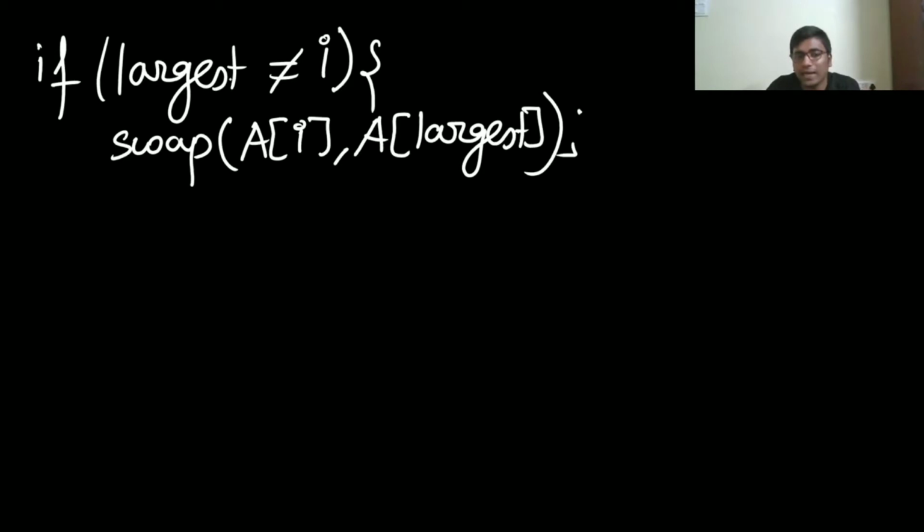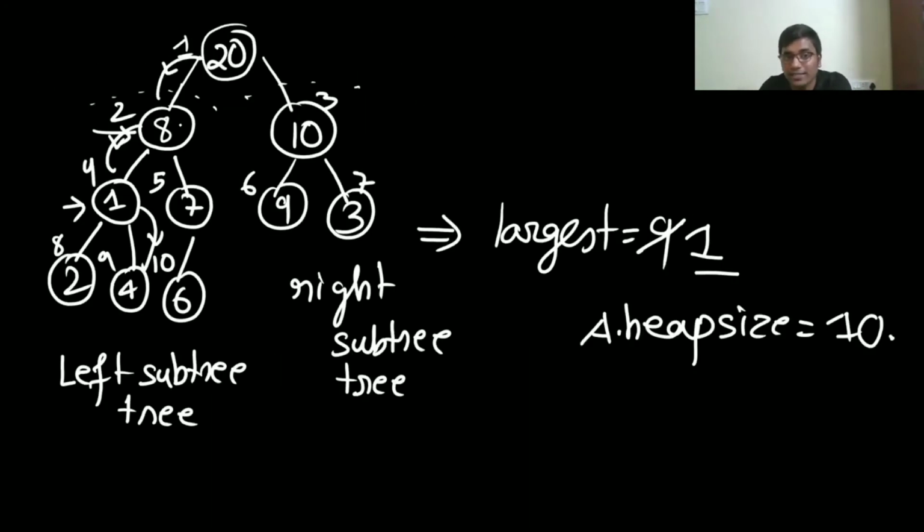So we will check if the parent is not the largest, then swap, and then again call Max-Heapify, because after swapping it may happen that the left subtree is no longer a max heap. If I write 1 here, then 1 will get swapped with 10, so here it will come 1. Now this right subtree is not a Max-Heap.